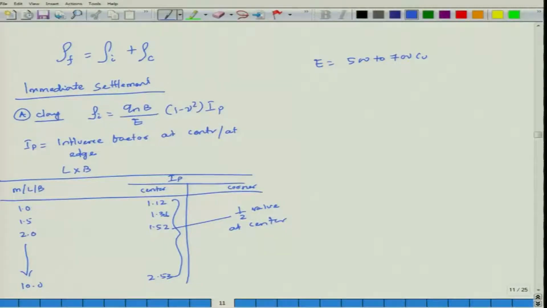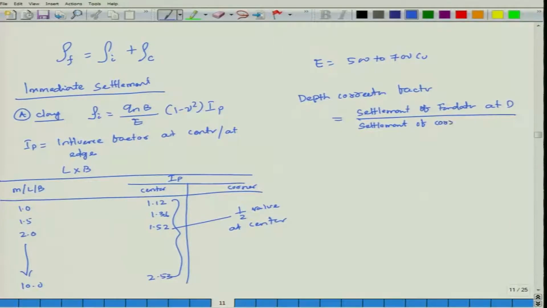Then there are two correction factors. One is your depth correction factor: the settlement of the foundation at depth D, divided by the settlement of the corresponding surface foundation, that means as if the foundation is lying on the surface.